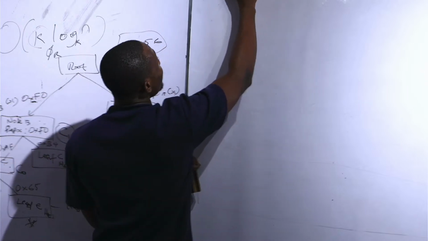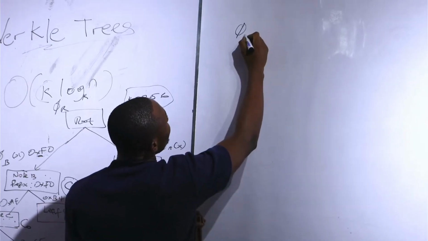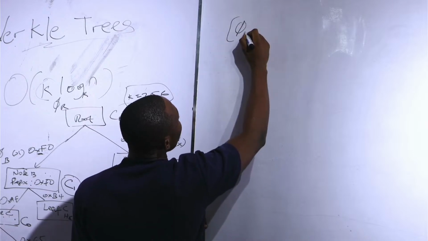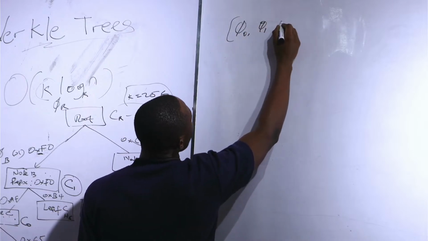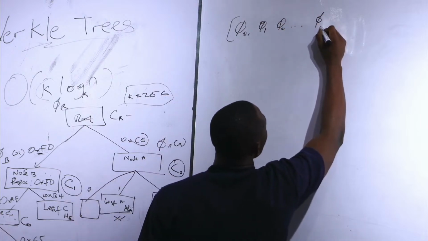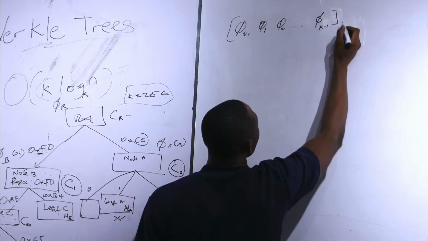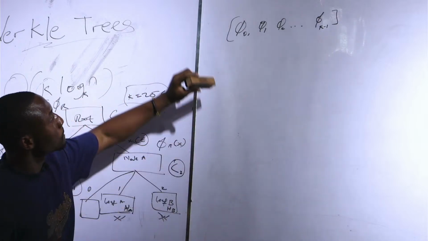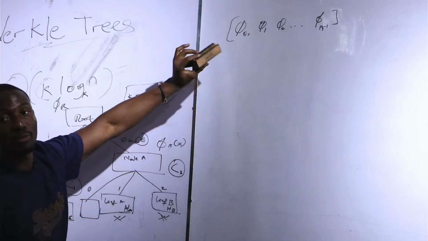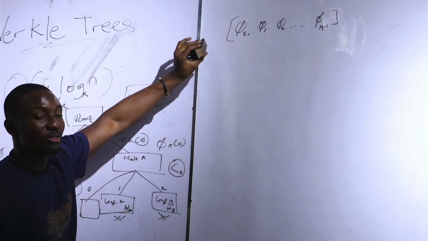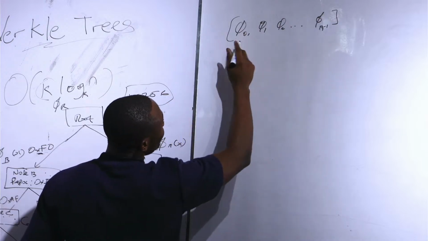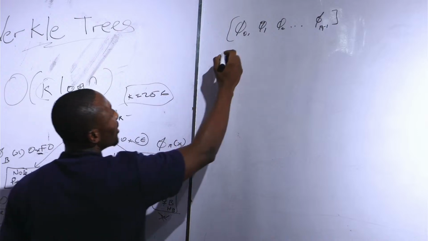So we have a group of polynomials, indexed i from 0, 1, 2, up to n minus 1. We have this list of polynomials, and we have evaluations for each of these polynomials.